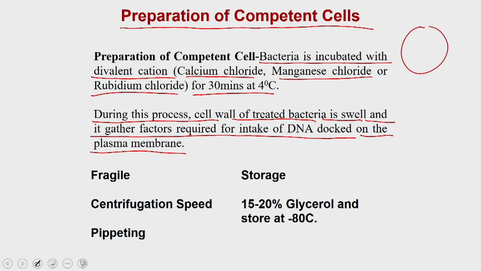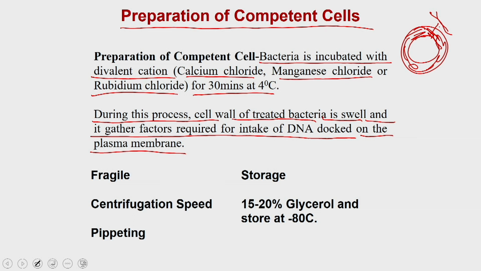One, it is loosening the cell wall which is present on the outside. So, once the cell wall is getting loose, the DNA gets a chance to dock onto the plasma membrane, and by doing the treatment with the divalent cation, these factors are increased.